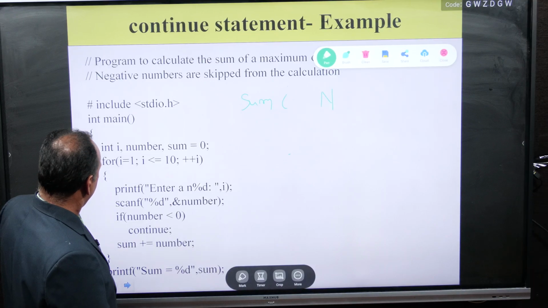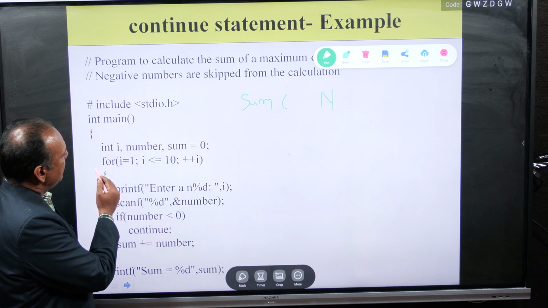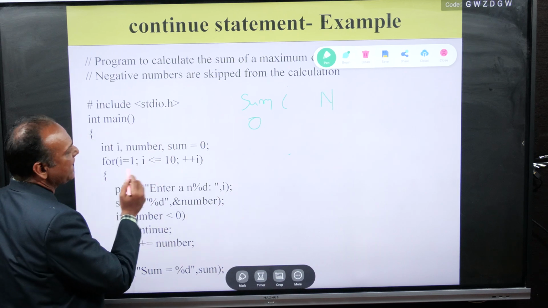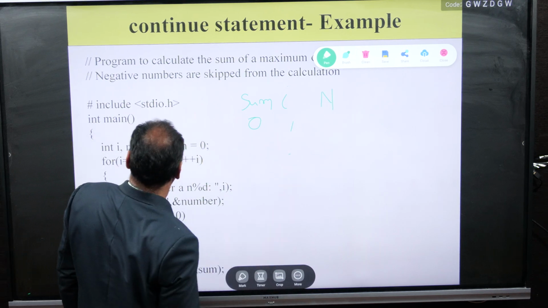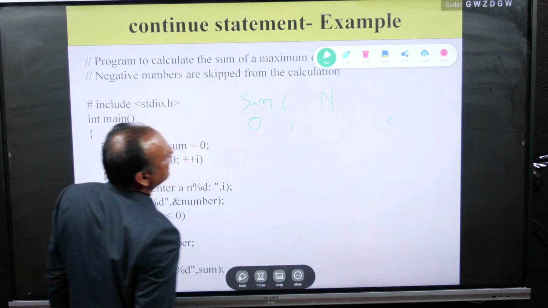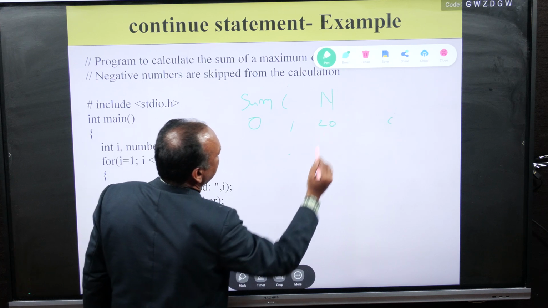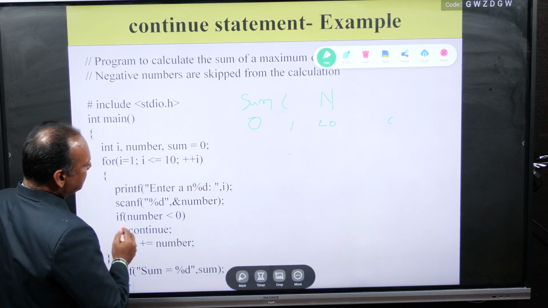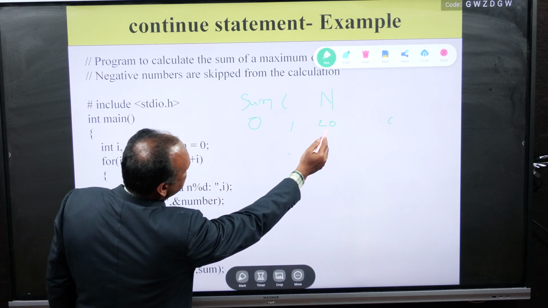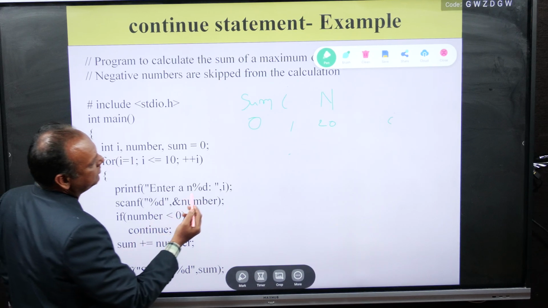Initially the sum is equal to 0 and initially I is equal to 1. It prints enter the ith value. The first number I entered is 20. If number is less than or equal to 0, it is not, since it is a positive number, so this condition will be false and the sum will be executed.